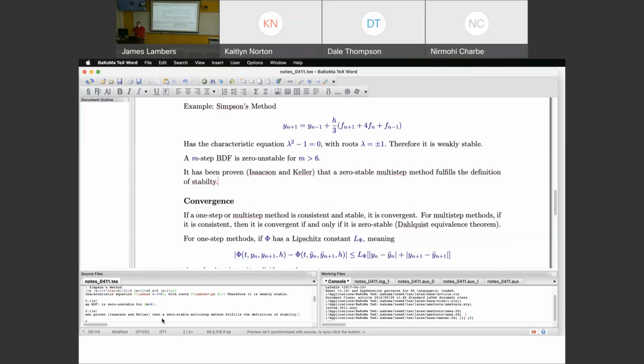So you don't have to try to prove directly that a multi-step method satisfies that original definition of stability. You just have to show that it satisfies a root condition, and then it's known, by what Isaacson and Keller proved, that it is stable in the sense of that original definition.